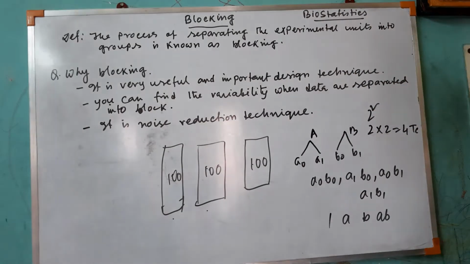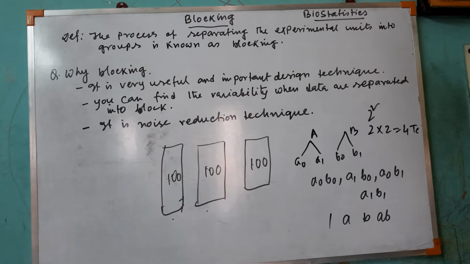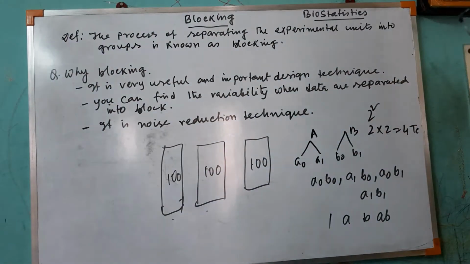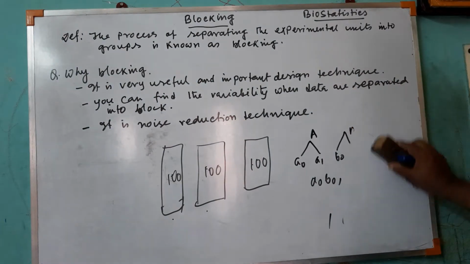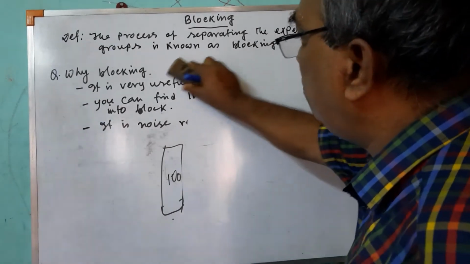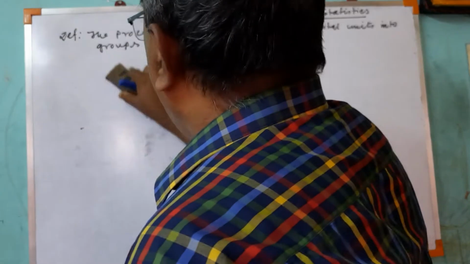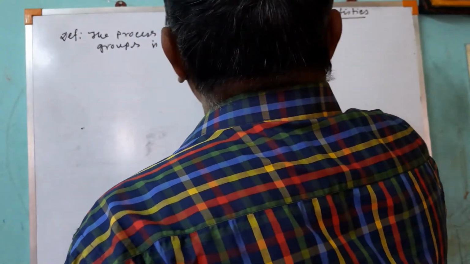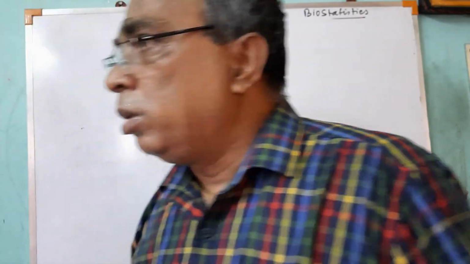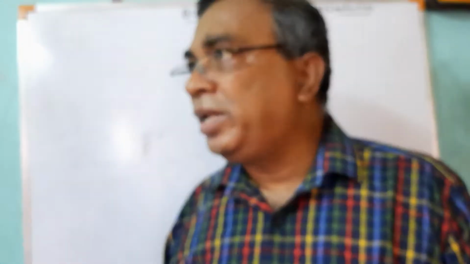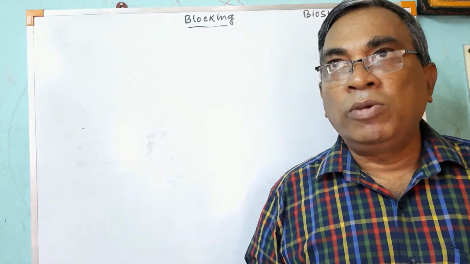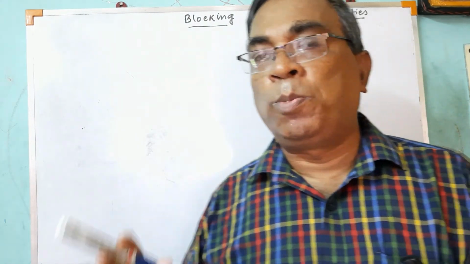Now I want to find the blocks when the treatment combinations are given. Generally in your course, there are three methods to separate the treatment combinations into blocks.